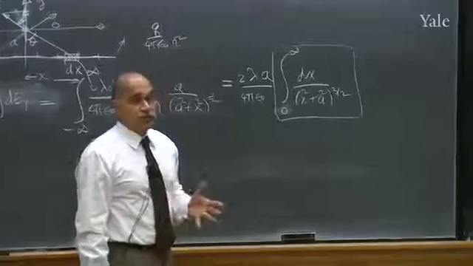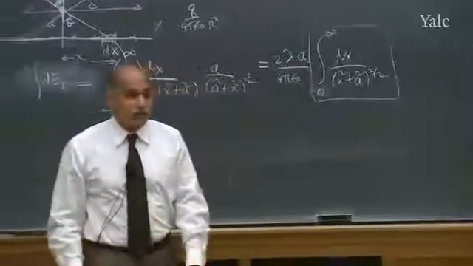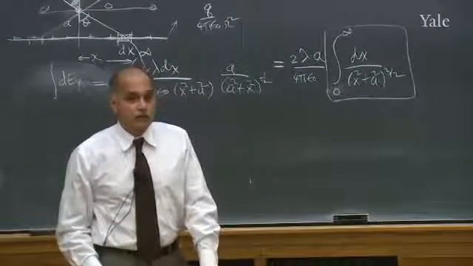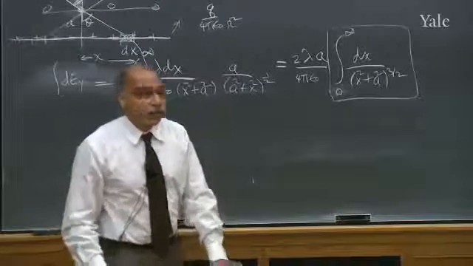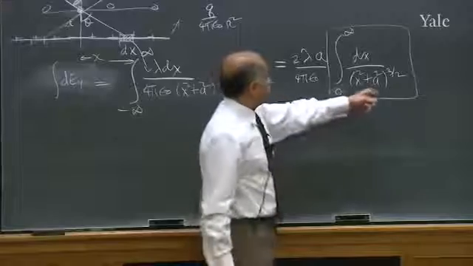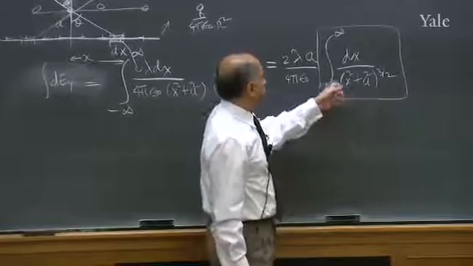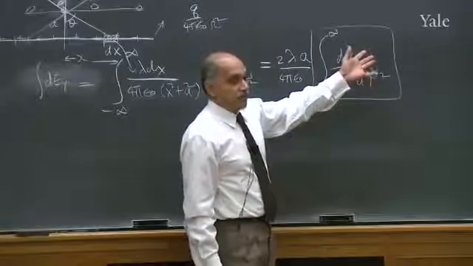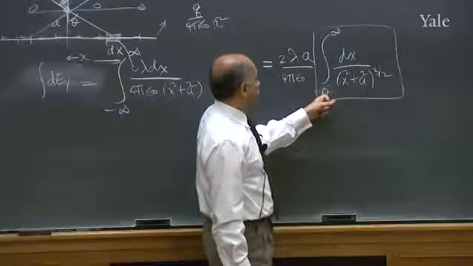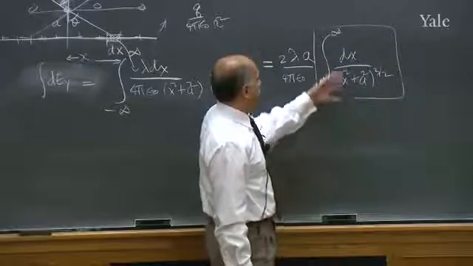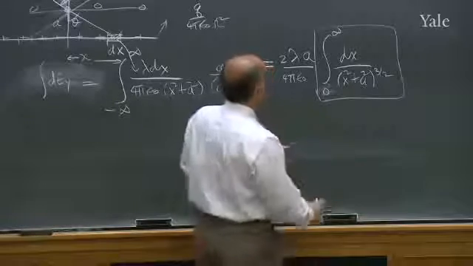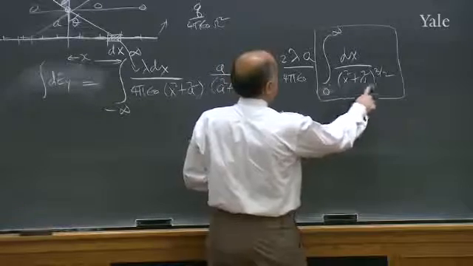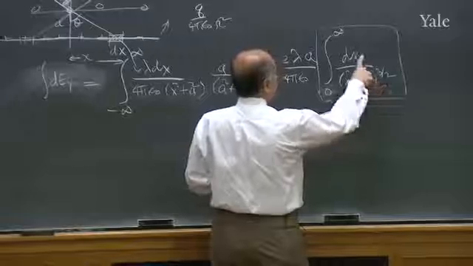What does the answer depend on? That's the first question. What's the answer going to depend on? A. You understand? Whatever this is depends only on A, because 0 and infinity are not going to be present as part of the answer. If the lower limit is 5, it can depend on 5, but it doesn't depend on any other thing other than A. Then from dimensional analysis, I've got a length squared to the 3 over 2, that's length cubed, and a length on the top.